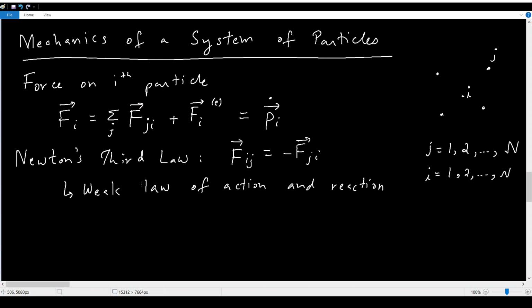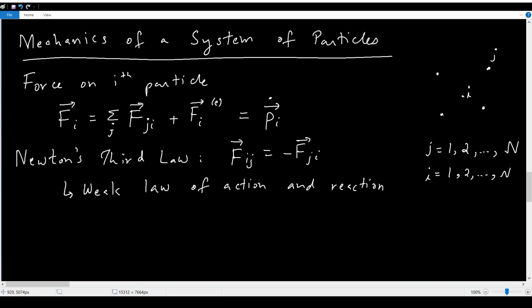Later on, we will actually need the strong law, and we'll talk about what that is to go further. But everything we're doing right now just requires the weak law. Note that we did not really use this in the last section because there was only one particle. But now there are more than one particle, so we have to look at the forces between them, and Newton's third law, or the weak law of action and reaction, becomes important here.